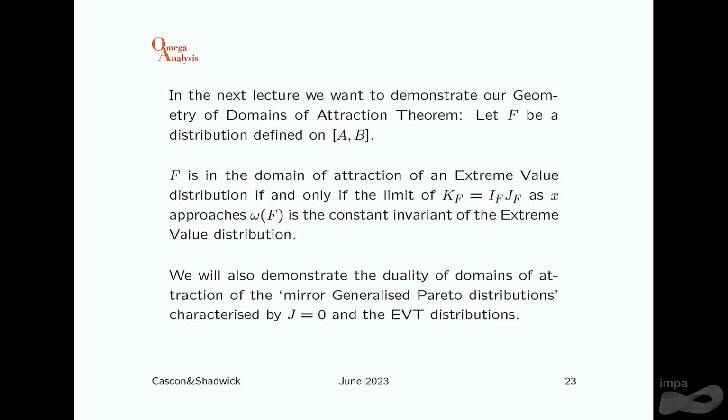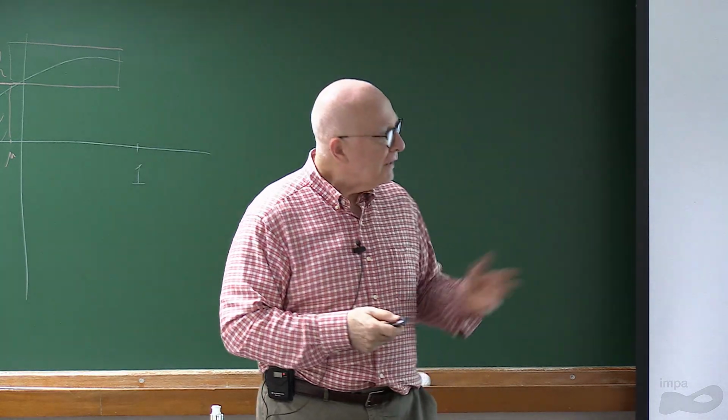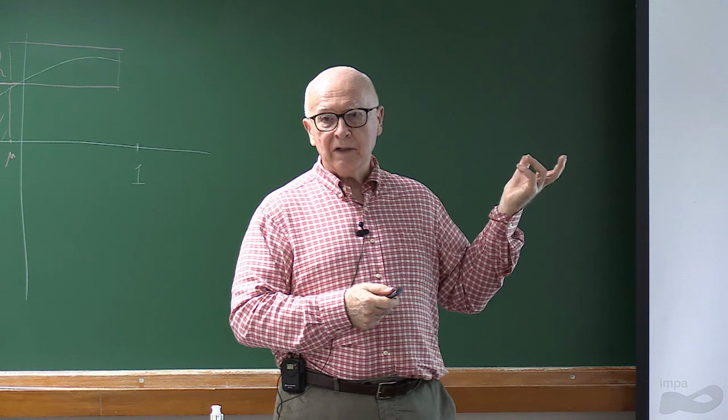It has everything to do, and you see this in Gnedenko's conditions for equivalence for being in the domain of attraction of Weibull and Fréchet distributions, with the asymptotic shape of the distribution. And that's exactly what the invariants are measuring.